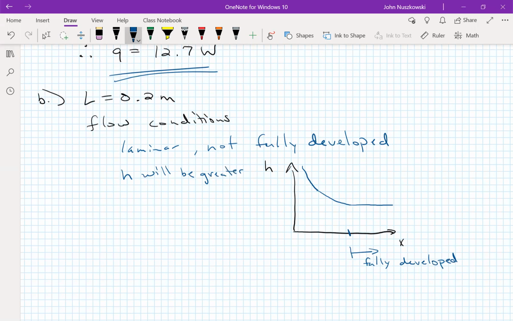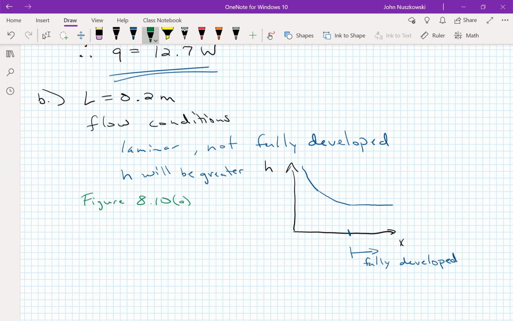We could also go and solve it. That would just be going and grabbing the value from figure 8.10a, because we're looking for the local, or equation 8.58.